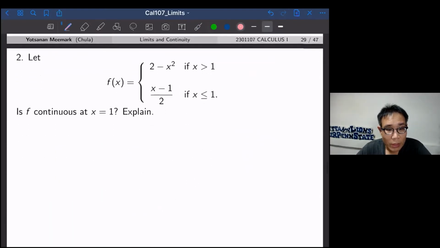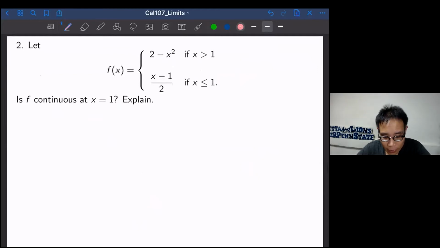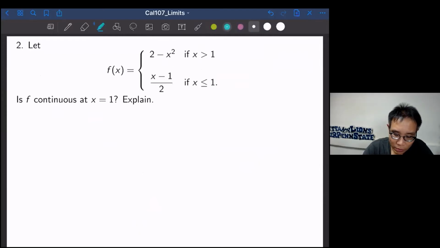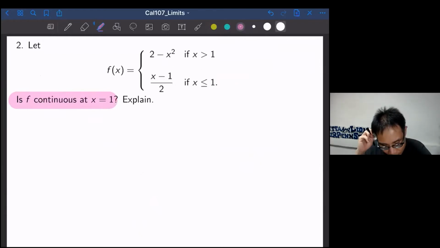The next one: f(x) equals 2 minus x squared when x is more than 1, and x minus 1 over 2 when x is less than or equal to 1. The question asks whether f is continuous at x equal to 1 and asks you to explain.